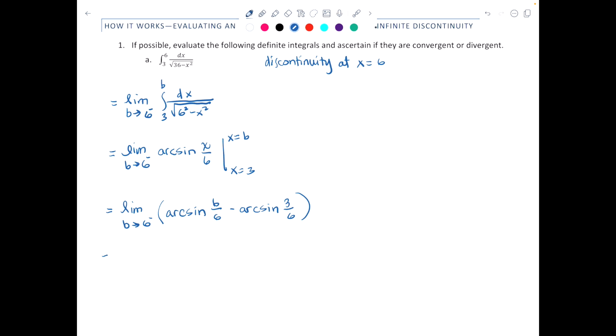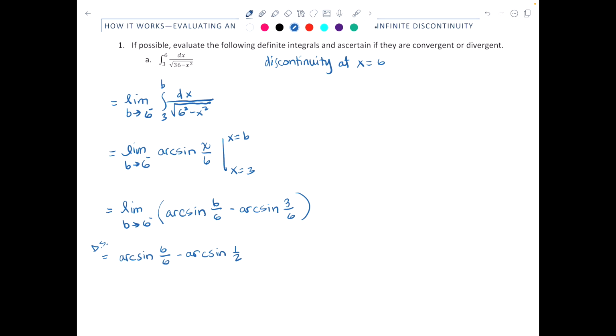Now this will give us the limit. Actually, we can directly substitute. So we'll get arcsine, because there's no issues here in plugging in 6. So we just go 6 over 6 minus arcsine of 1/2.